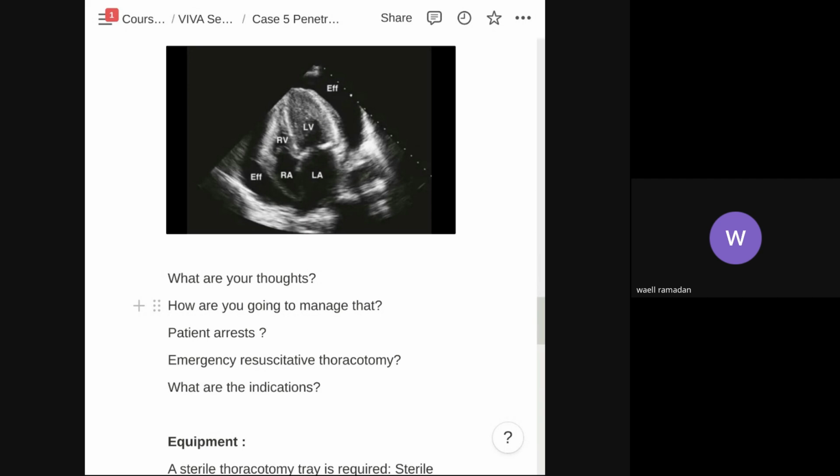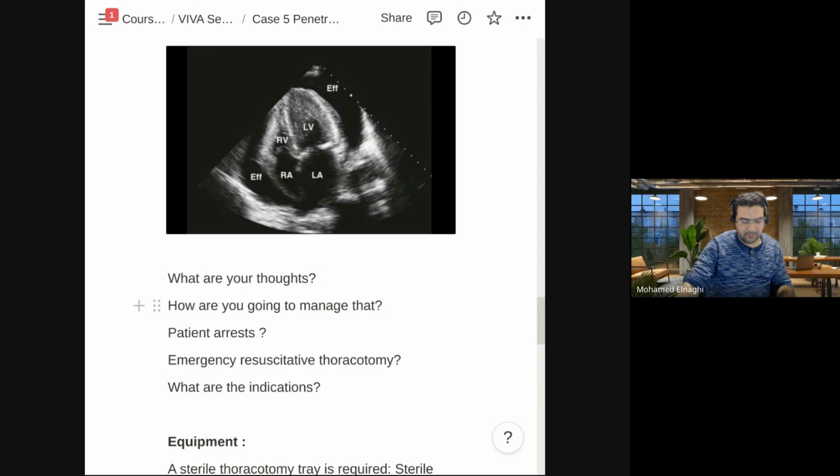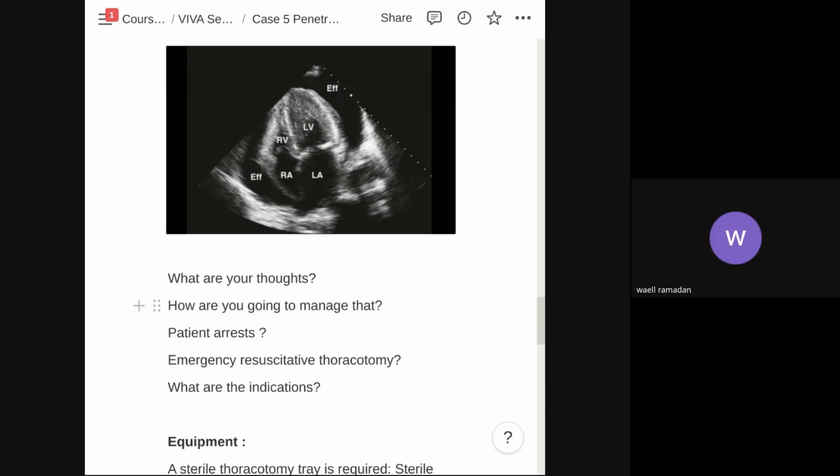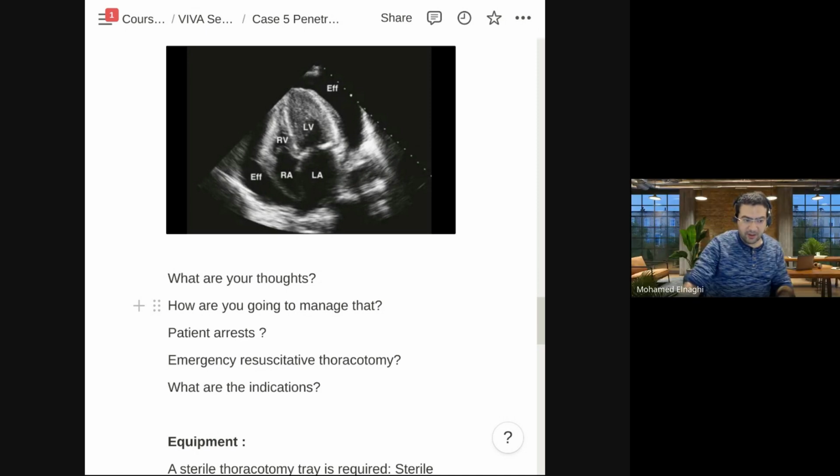It will be the emergency resuscitation thoracotomy. I did read about it during the FRCS part 1, but never saw it, never did it. Fair enough. This is the treatment. For these patients, this is the ideal patient where an emergency resuscitative thoracotomy is indicated.